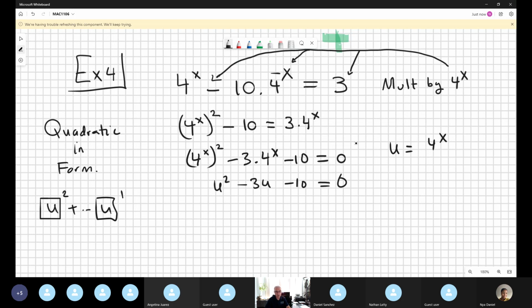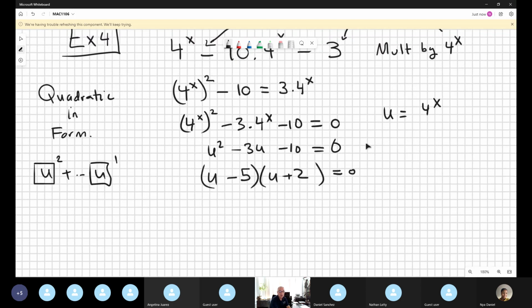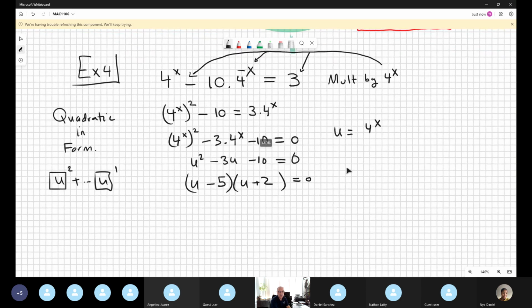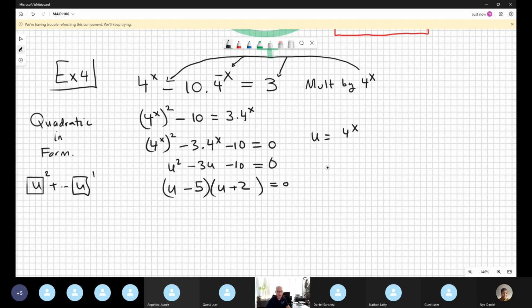Oh, no, by factorization, I suppose it's better. u, and the combination is 5 and 2, because 5 times 2 is 10, and 5 minus 2 is 3, and the signs are negative and positive. Do you follow me? Okay, now apply one more time the zero factor property: u is 5, and u is negative 2.